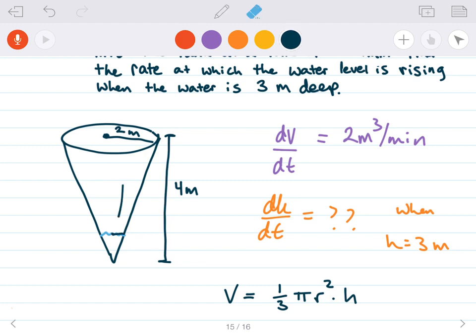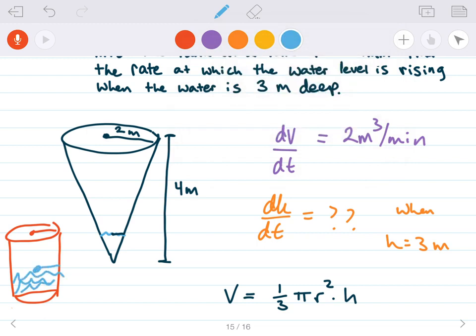So what I'm trying to say here is that the radius is constantly changing, unlike the cylinder, right? The cylinder problem when we were filling up water, the radius never changed as the water height got taller and taller and taller. The distance from the center to the edge was always the same, but not so with the cone, okay?